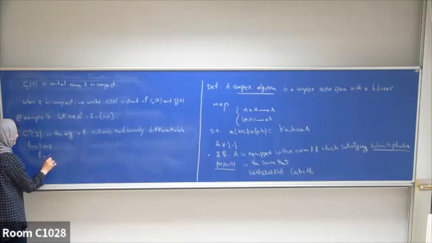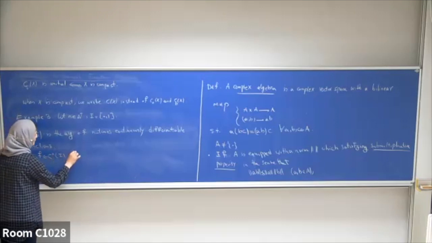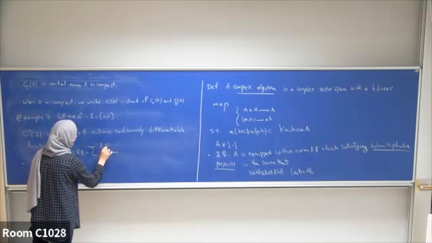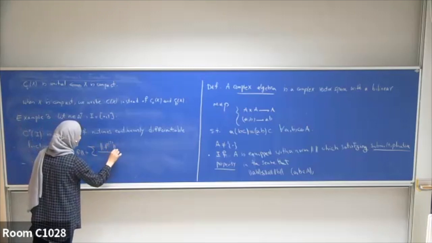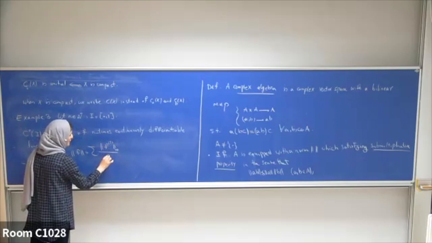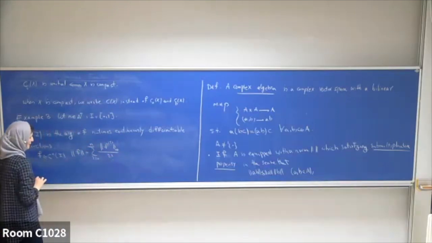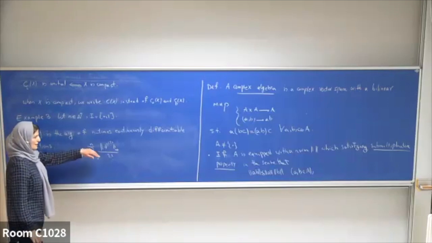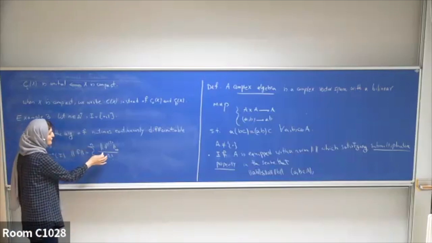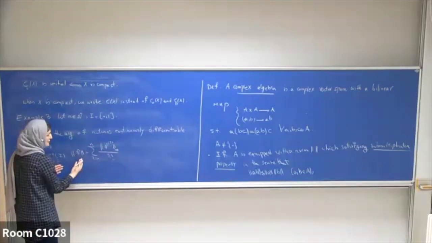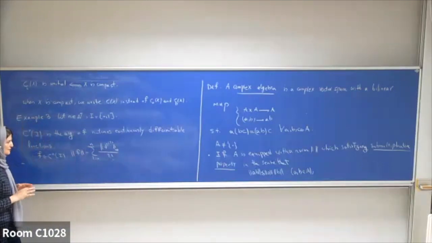Anyway, I consider a norm like this: the norm of f is the summation of the supremum norm of the ith derivative over i factorial, i from 0 to n. Of course, I think that you've seen such a norm before, but without the factorial. Of course, they are equivalent. And so again, Cn with this norm is a complete metric space, and so a Banach space.